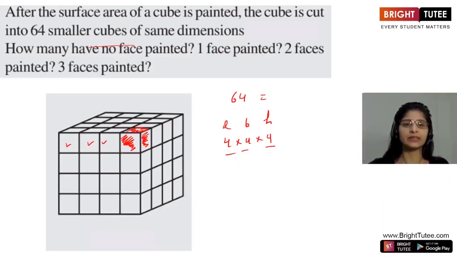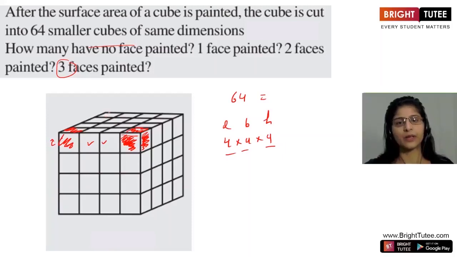Now they are asking about the first one, no face painted. Let us first start with 3. Okay, 3 faces painted. For the corner ones, we see that 3 faces are painted. If you take a cube in your hand, the playing cube, the dice that we get from the market, when you see the corner ones, how many are there? 8 corners.